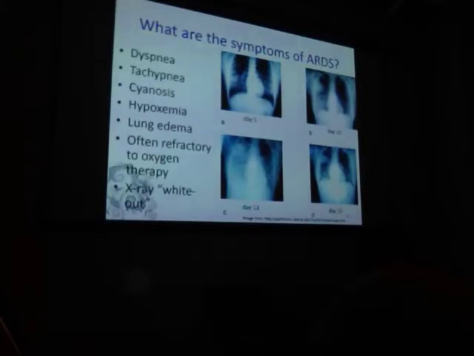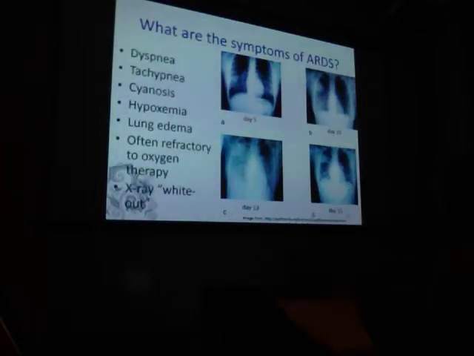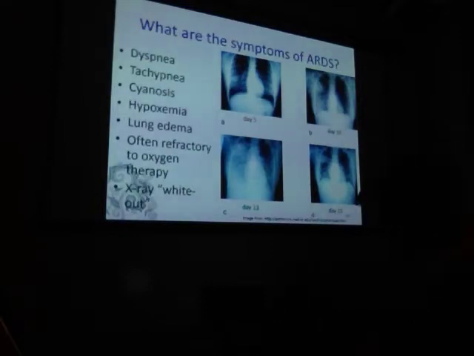They have hypoxemia, so the partial pressure of oxygen in the blood is many times below 60 millimeters of mercury. They have lots of lung edema, lots of fluid within the lungs. They're non-responsive to oxygen therapy, or what we call refractory to oxygen therapy, because the lungs themselves have a lot of inflammatory scarring.